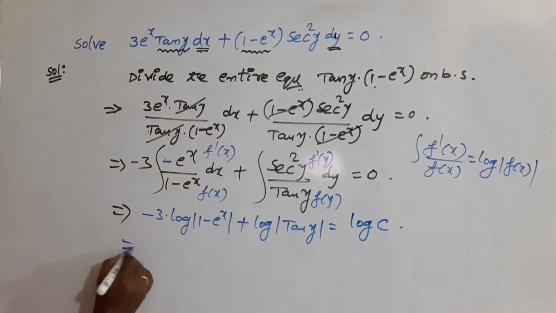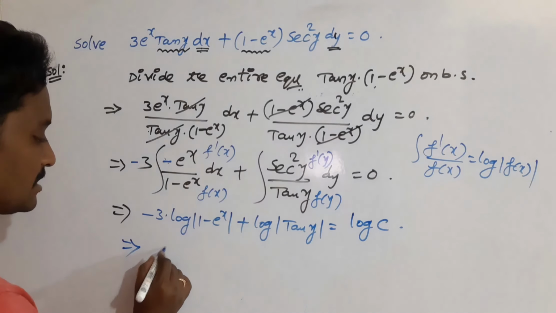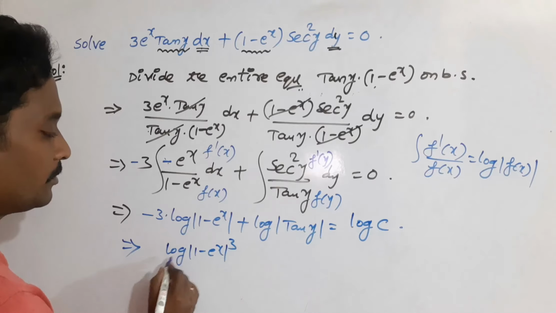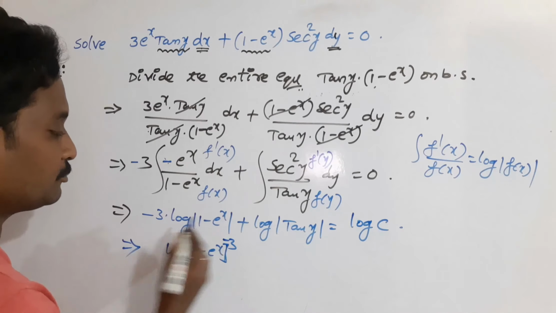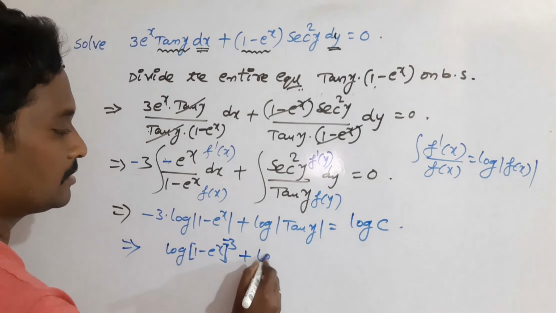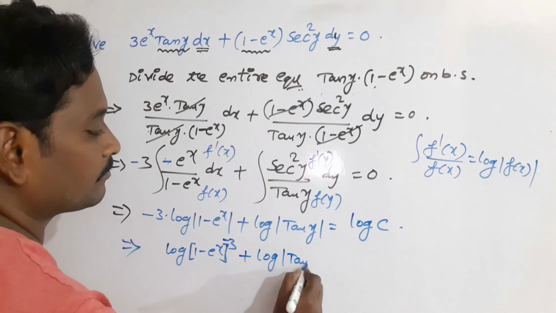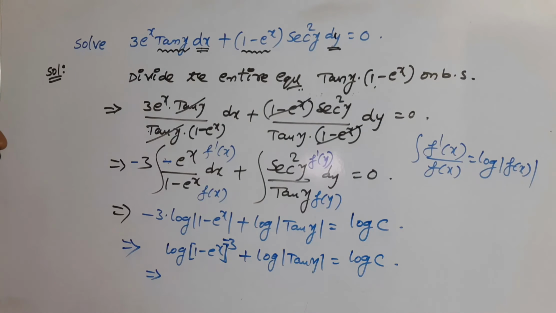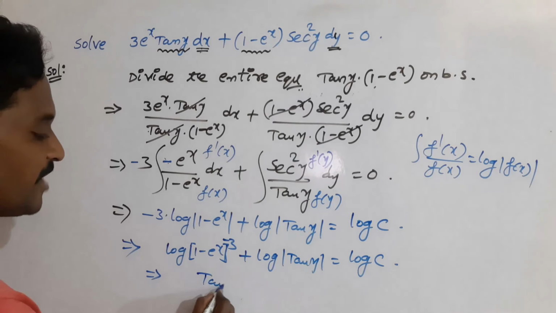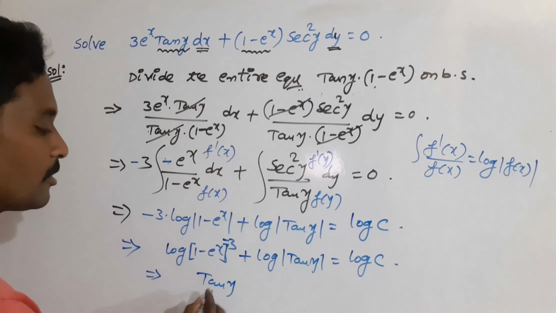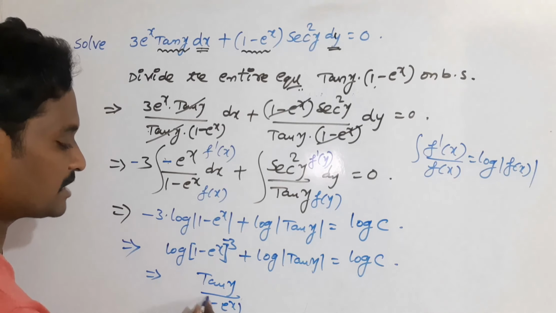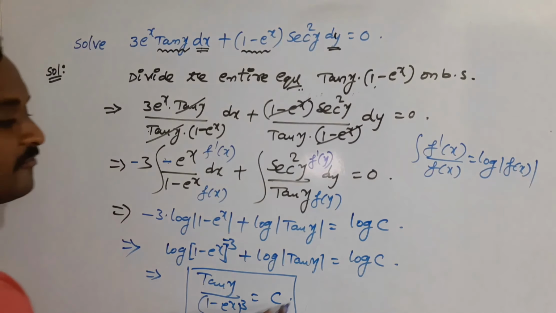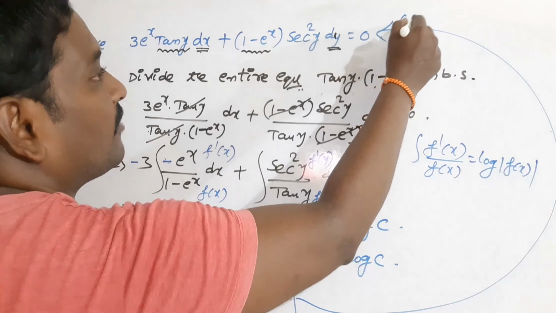So I will write this one as log mod 1 minus e power x whole power negative 3, minus 3 is there, plus log mod tan y is equal to log c. So by using logarithmic properties I will write this one as tan y into 1 minus e power x whole power minus 3, which is nothing but 1 minus e power x whole cube is equal to c. This is the general solution of the given differential equation.